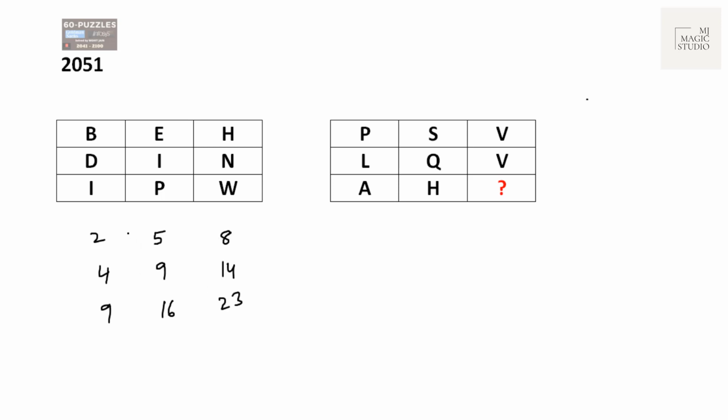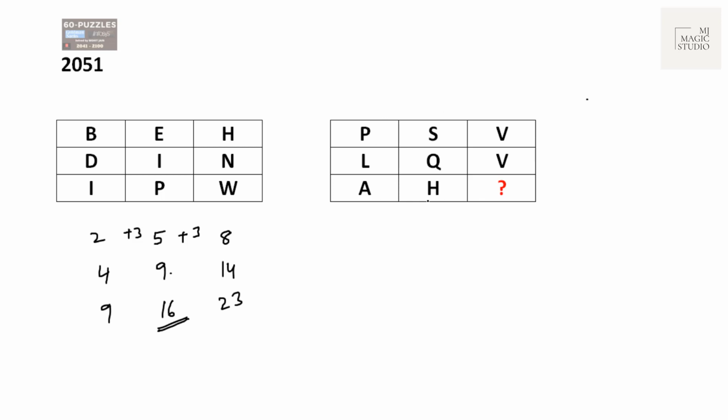So 2, 5, 8 plus 3 plus 3, 4, 5, 4, 9, 14. It's just the average also we can see. 2 and 8 average is 5, 4 plus 14 is 18, average is 9. 23 plus 9 is 32, average is 16.